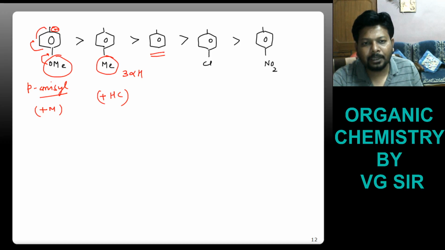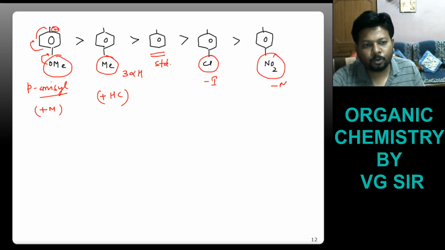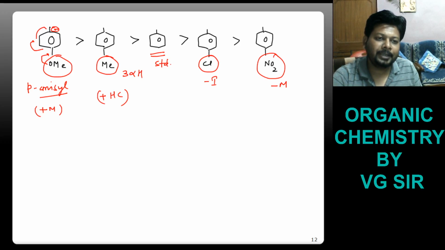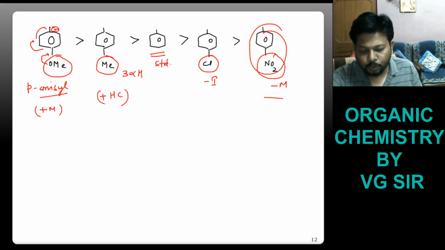Then phenyl is the standard. Here we have chlorine, a strong minus I group, and nitro, a strong minus M group, so it will withdraw electron density the most and be the most electron deficient. That's why it won't migrate, or will be very slow in migration. Is that clear?